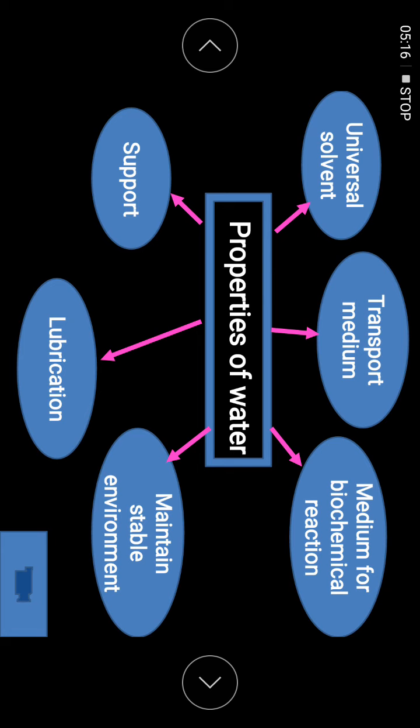Thirdly, you have medium for biochemical reactions. This means that we can use the example of the cytoplasm. The cell cytoplasm is mainly made of water, and the cytoplasm is a place where the biochemical reactions happen.